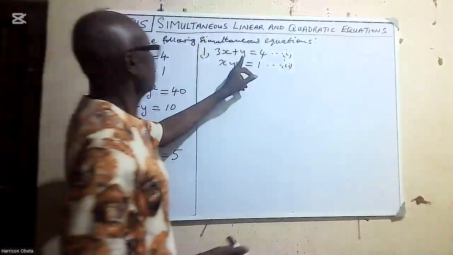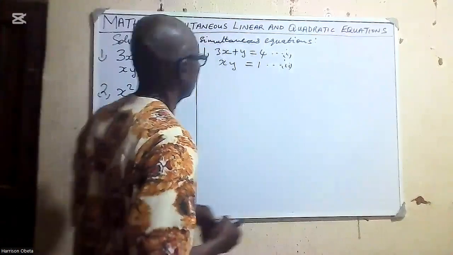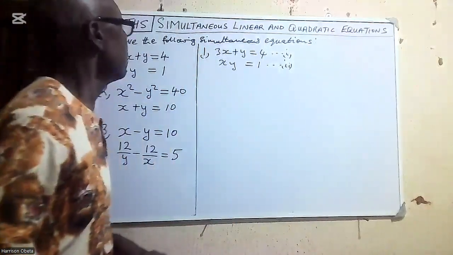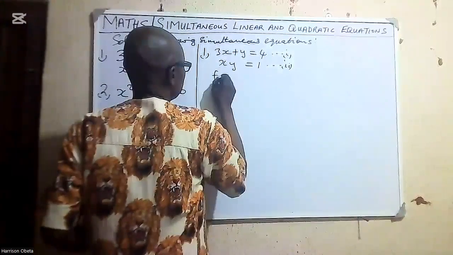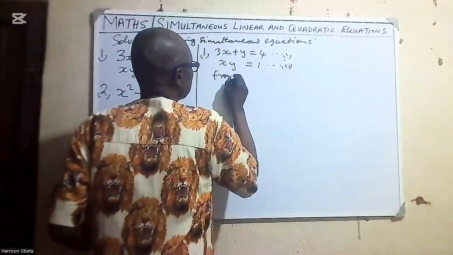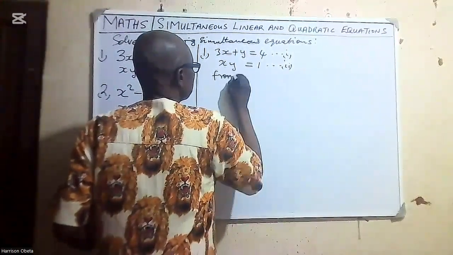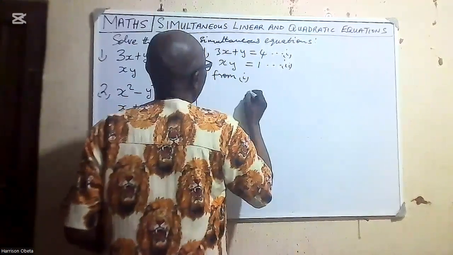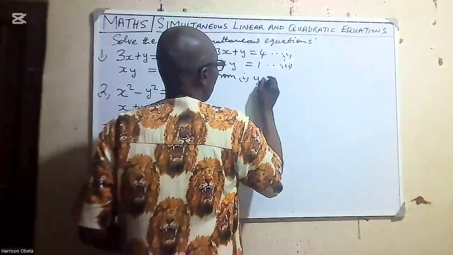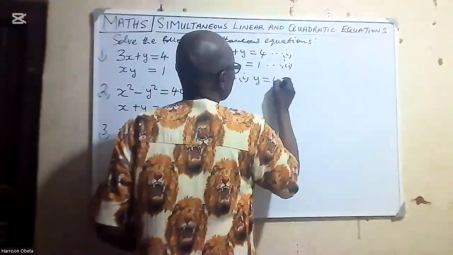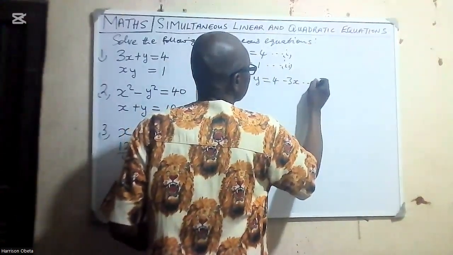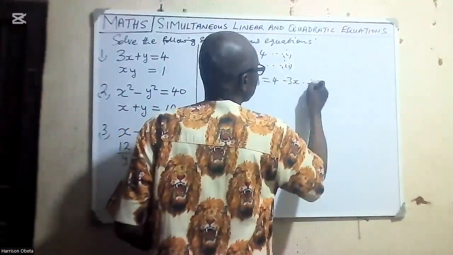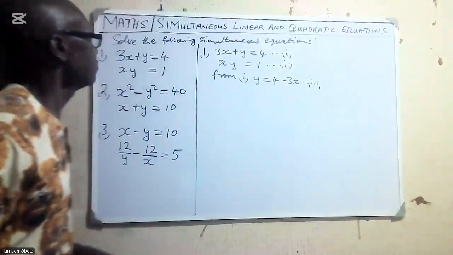Since we have a single letter here, we are now going to make y the subject of the formula. So from 1, y should be equal to 4 minus 3x. So we'll call that equation 3.